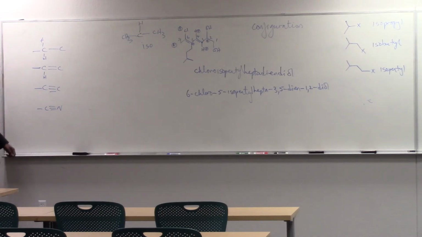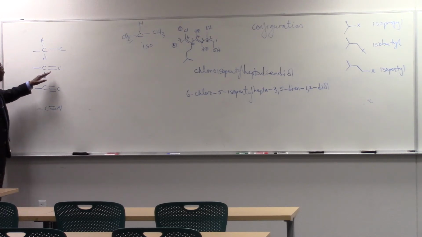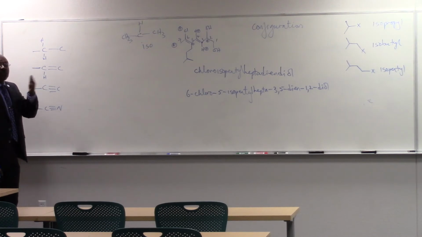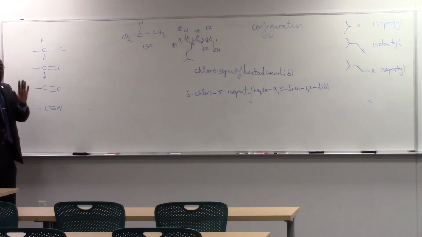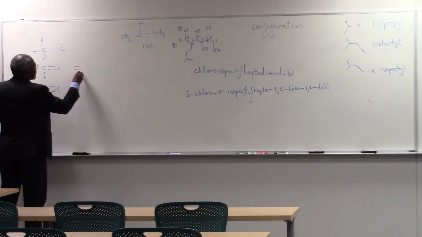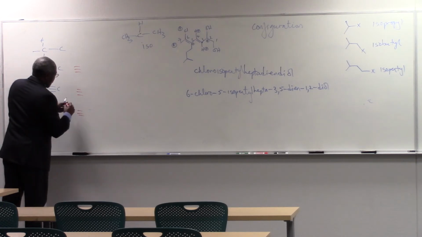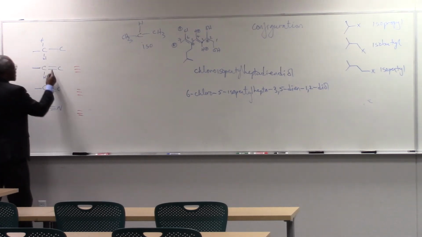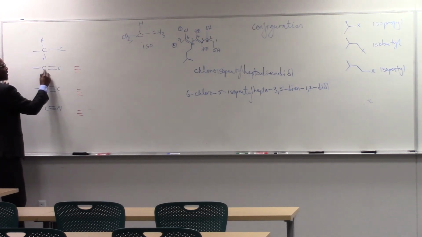So here's what I do. Here's the point of attachment. Well, the way I look at a carbon-carbon double bond, the way I look at pi bonds, and it's kind of hard to describe, we're going to imagine, just for the purpose of nomenclature, this is not real, that I'm going to cleave the carbon-carbon bond.